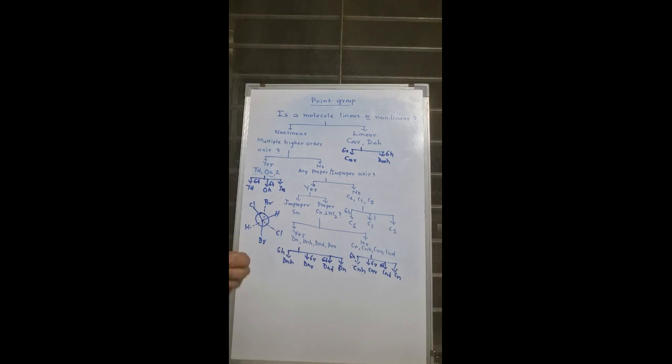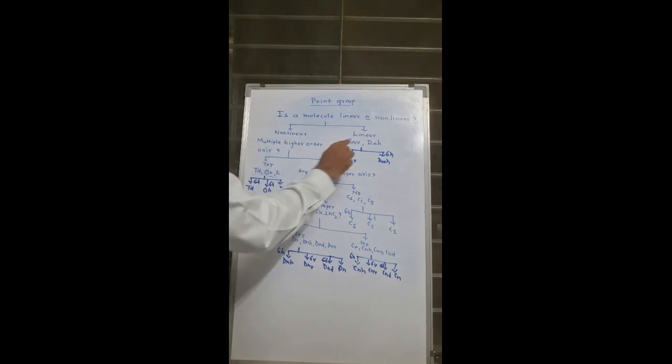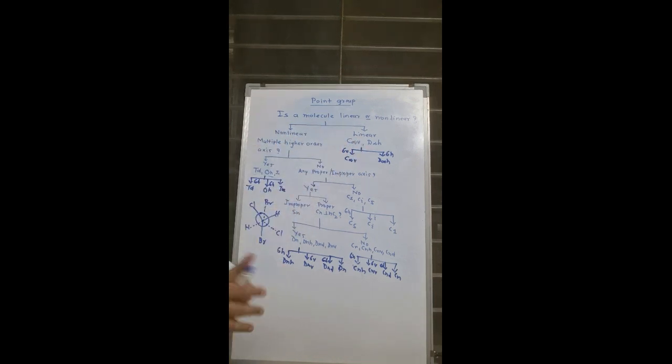This is trans-dibromodichloroethane. Now in this case, this is again non-linear. It means C infinity v and D infinity h point groups are absent in this molecule.